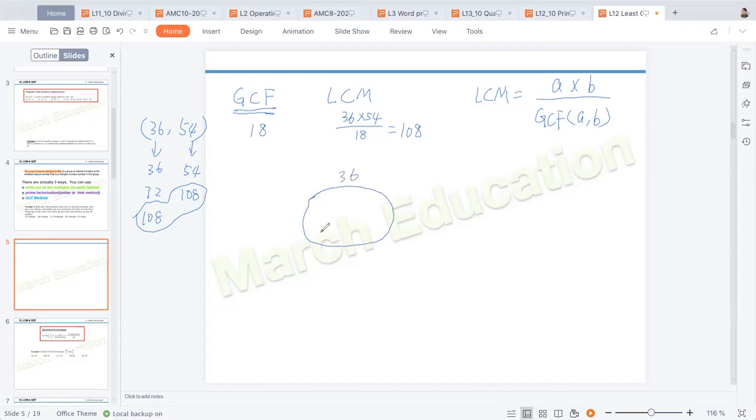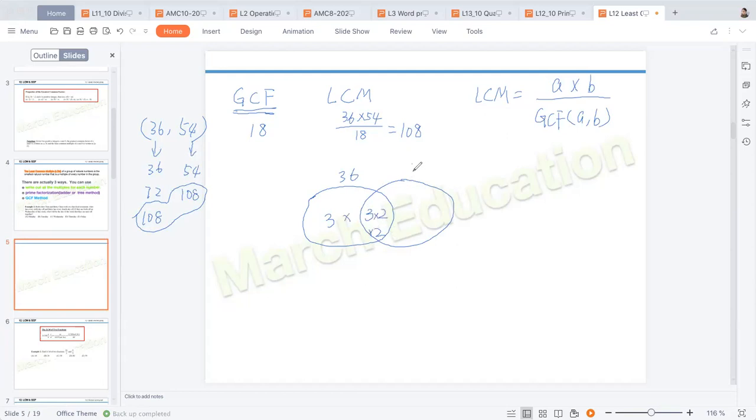So for 36, the prime factorization of 36 is what? 36 equals 3 times 3 times 2 times 2, right?